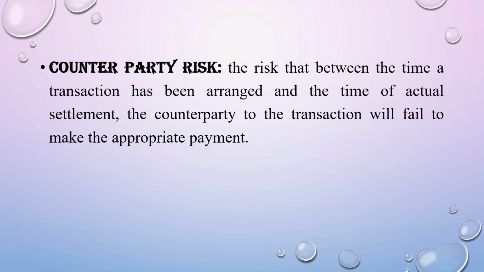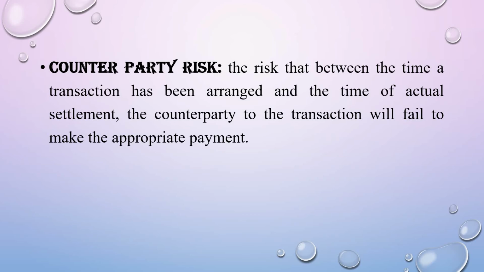Next one, counterparty risk. What do you mean by counterparty risk? If any party in a contract fails to undertake their obligations, then the risk arises. That is known as counterparty risk.